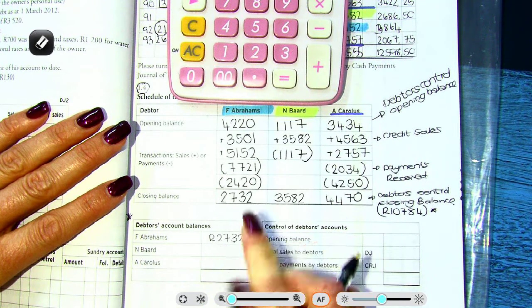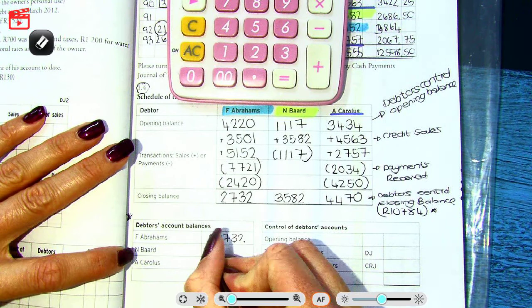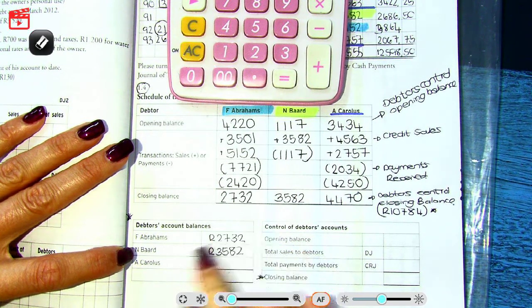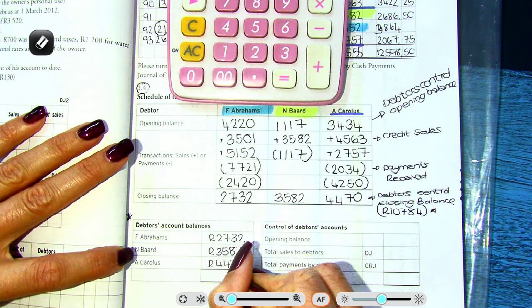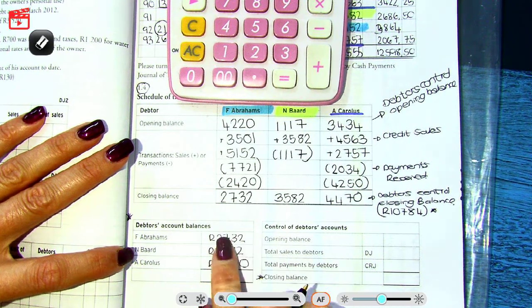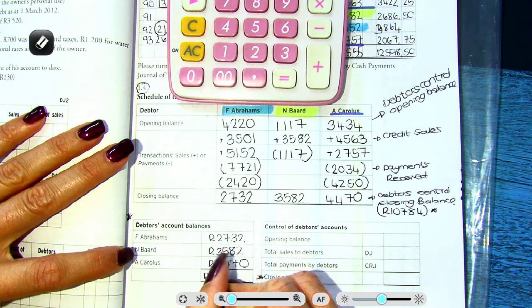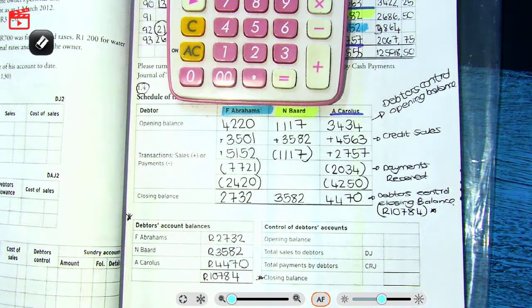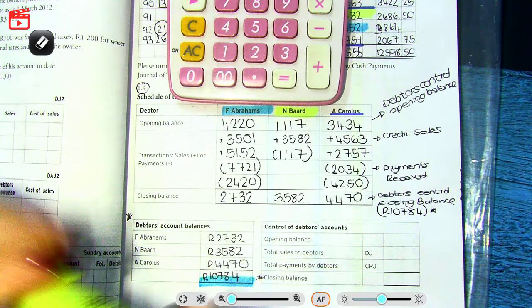N. Bart owes me 3,582, and A. Carlos owes me 4,470. Add all of those up, it should give me 10,784. That is what my debtors still owe me at the end of November. It's all of their amounts added together.